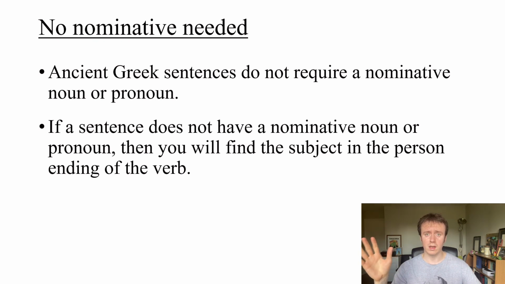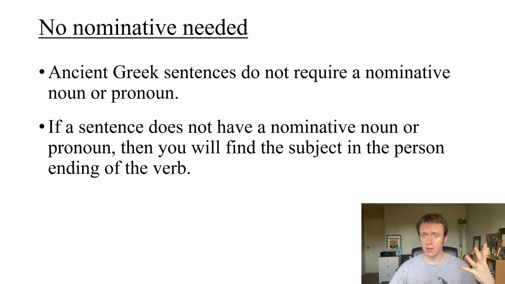I've taught both Greek and Latin, two inflected languages, to different students. And this is something that it is quite common for students to struggle with at first, okay? So that's why I'm covering this principle. To some of you this might be easy, but to others it might be very helpful and enlightening. So let's continue. But for now, just note that Ancient Greek sentences do not require a nominative noun or pronoun.